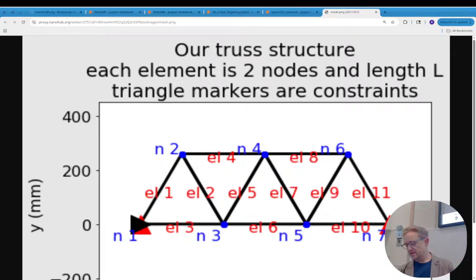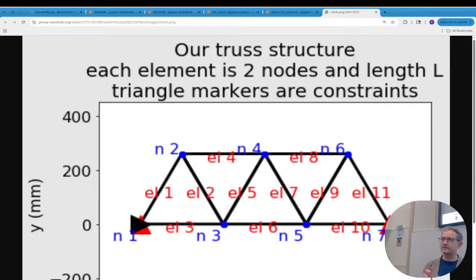And when we skip the last column, we're saying node 7's y direction is also 0. So we're taking a subset of this K matrix and only solving for the free moving degrees of freedom: node 2 xy, 3 xy, 4 xy, 5, 6, and then 7, only x.